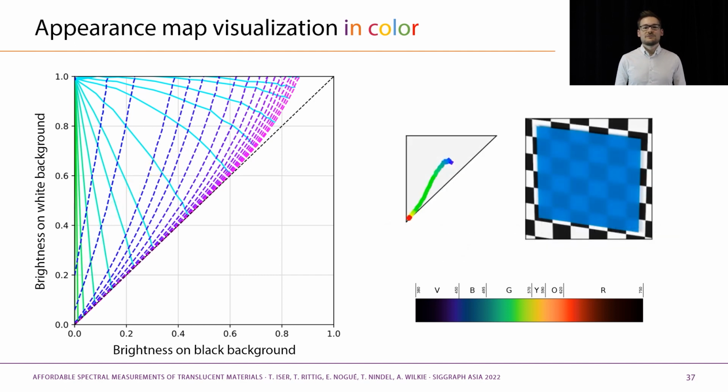Here is an example of a blue scattering object. It is strongly absorbing red wavelengths, so they are at the bottom of the map. The blue wavelengths are higher in the map because these are scattered by the material. What would happen if we move the blue wavelengths towards the left of the triangle?